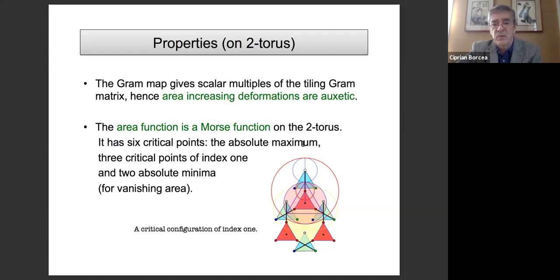The absolute maximum of the area, which is the full deployment. There are 3 critical points of index 1. And there are, interestingly, 2 absolute minima where the area vanishes, so these are in fact outside the proper deformation space, because vanishing area means the generators are not spanning the periodicity lattice anymore.